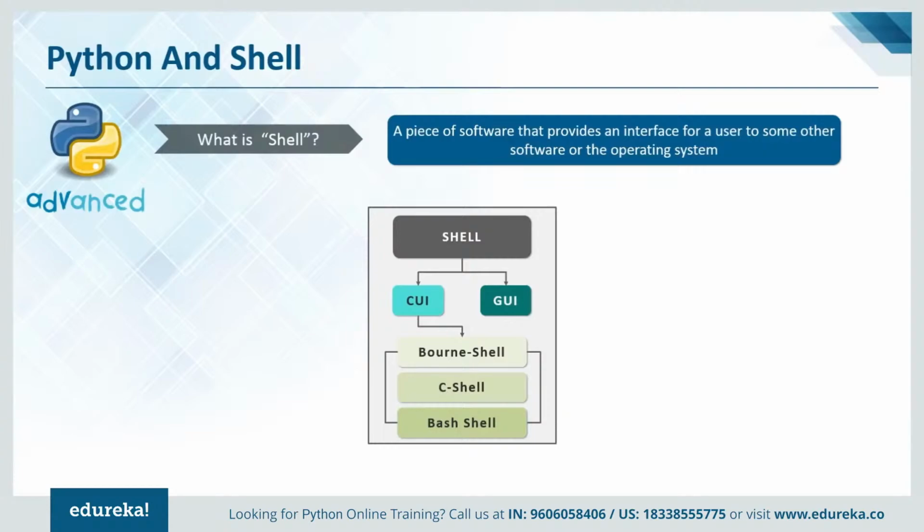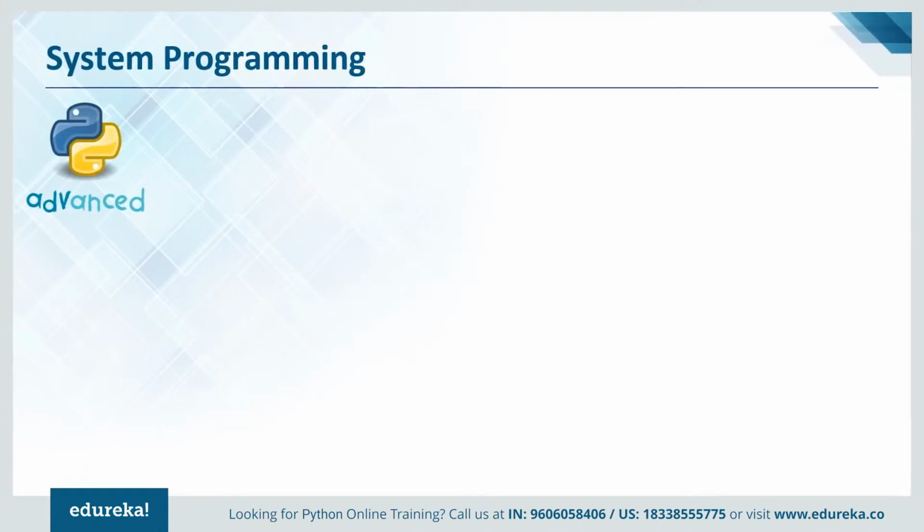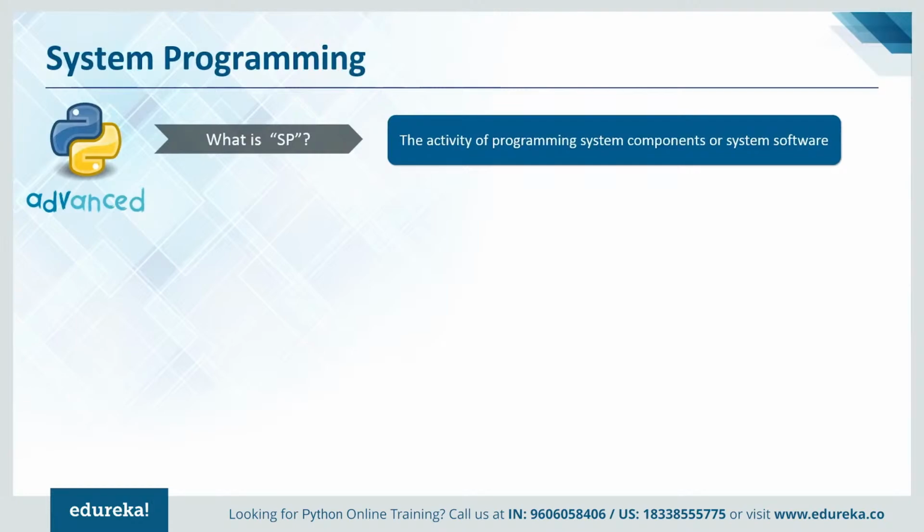And most operating system shells can be used both in interactive mode and in batch mode as well. By batch mode, I obviously mean the CLI mode. So pretty simple, right? So next up, system programming. Again, let me quickly come back to system programming, right? So system programming basically stands for the activity of programming system components or system software. So it gives the user the ability to develop these and work on other software when you're present in a software environment, right?